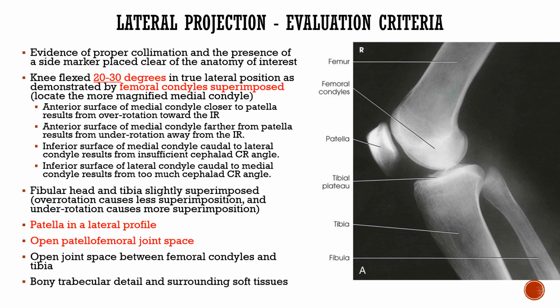So the fibular head and the tibia are slightly superimposed. Over-rotation causes less superimposition, and under-rotation causes more superimposition. We want the patella in a lateral profile, and we want to see the open patellofemoral space, which can be seen here. We want an open space between the femoral condyles as well as in the tibia too.